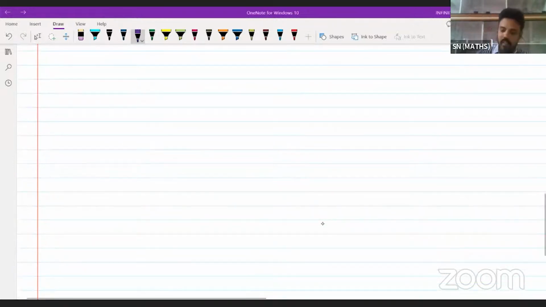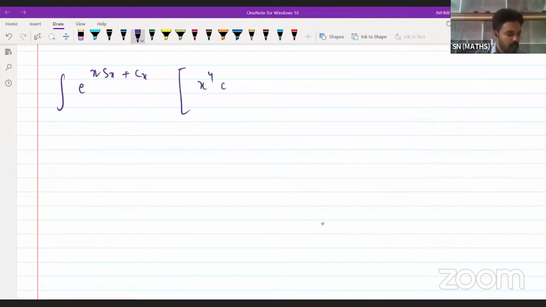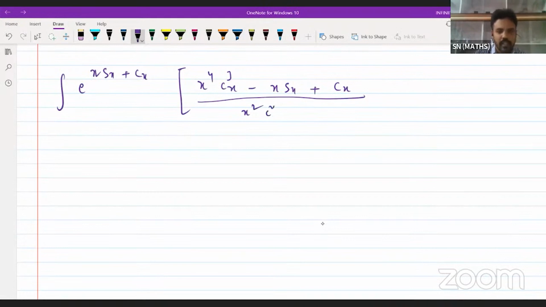Integral e power x (sin x plus cos x) into (x power 4 cos cube x minus x sin x plus cos x) divided by, I am sorry, x square cos square x. The whole dx is there.